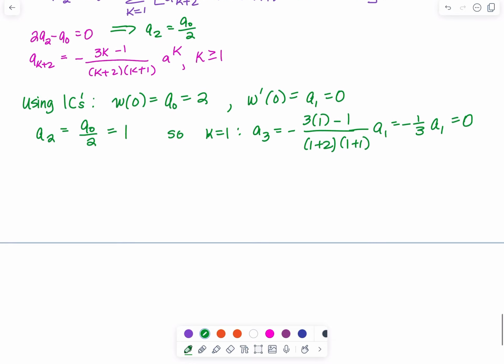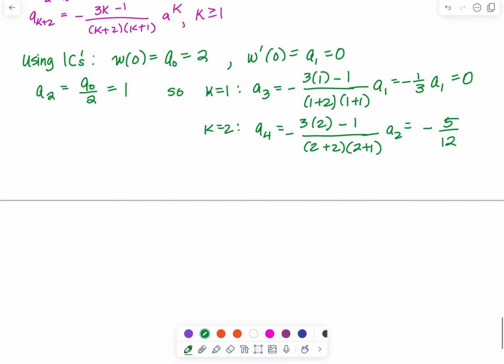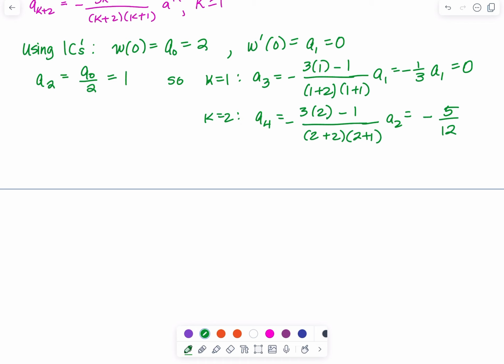We also have, when k is equal to 2, a sub 4 is equal to the opposite of 3 times 2 minus 1 divided by 2 plus 2 multiplied by 2 plus 1, all multiplied by a sub 2, and if you compute that, that's going to be equal to negative 5/12. If we continue on like this, if we have k equal to 3, you will see that a sub 5 is equal to 0.